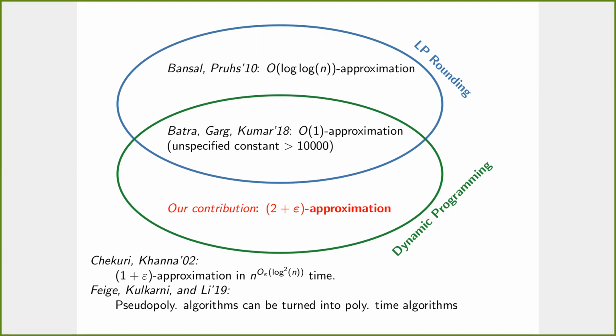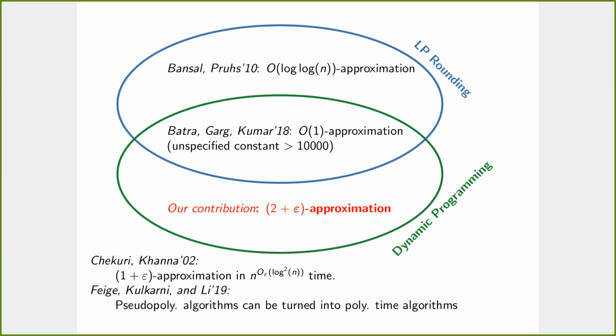It's something above 10,000, maybe even much worse. You can think a little bit of it as being caused by this LP rounding. In the LP rounding of the algorithm, this was basically the critical part where they introduced this large constant.